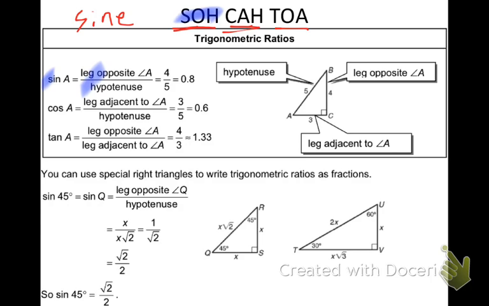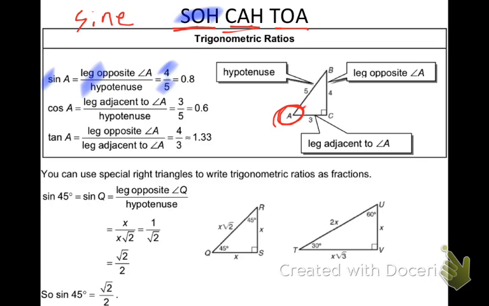So for instance here, we are talking about angle A. Looking at angle A, the opposite side is 4, over the hypotenuse, 5. That's where I get the ratio 4/5.